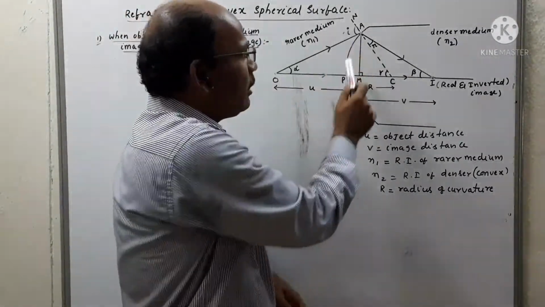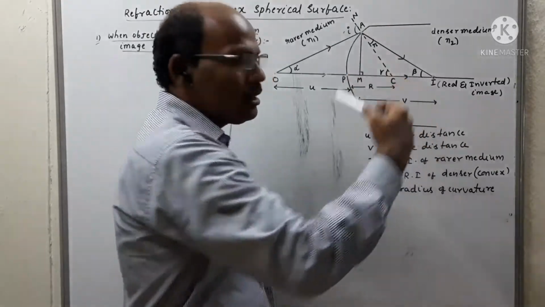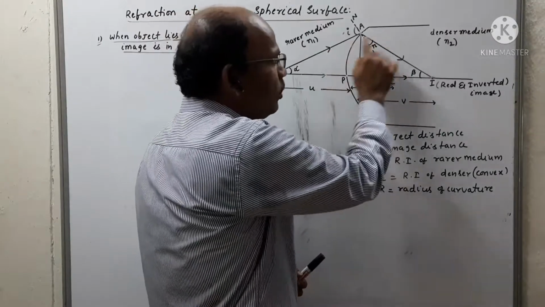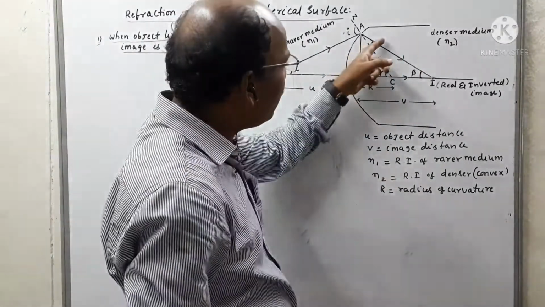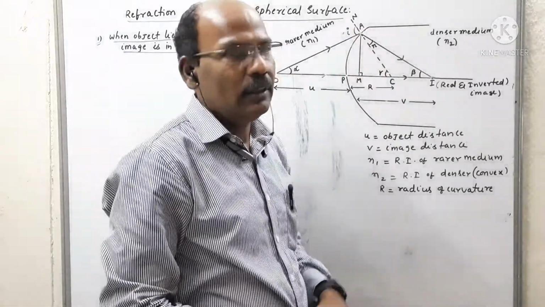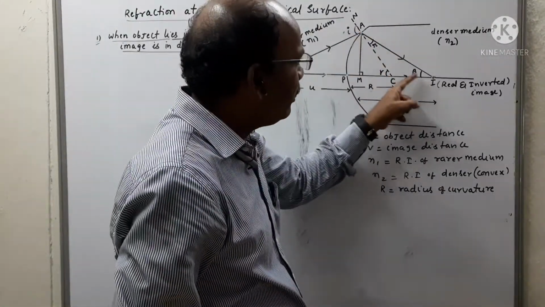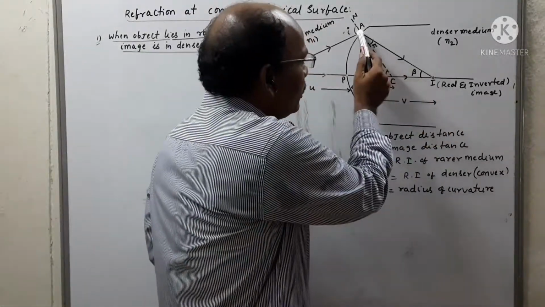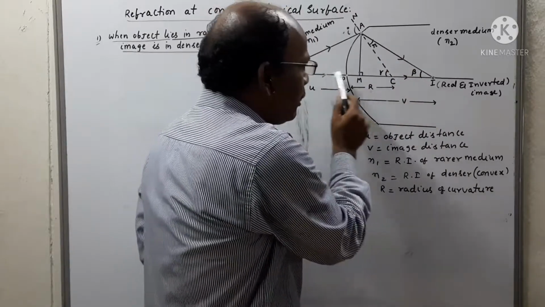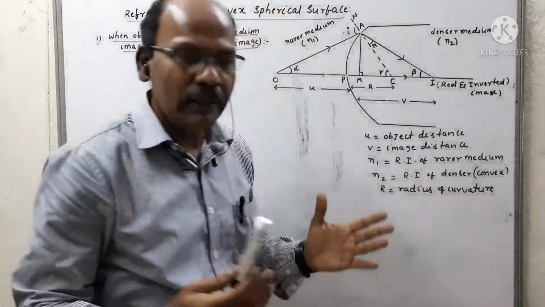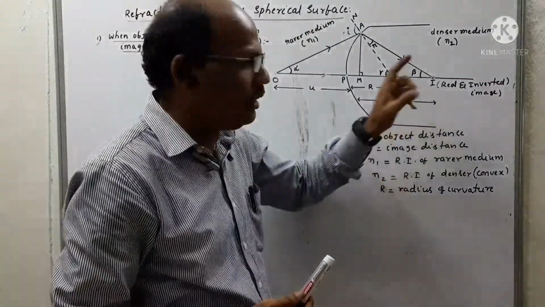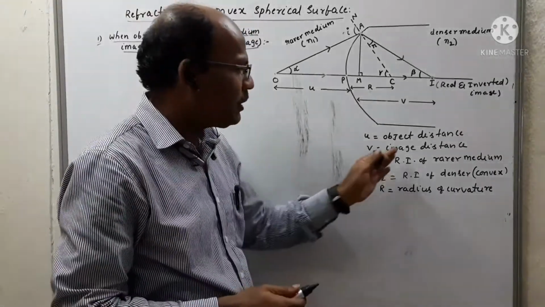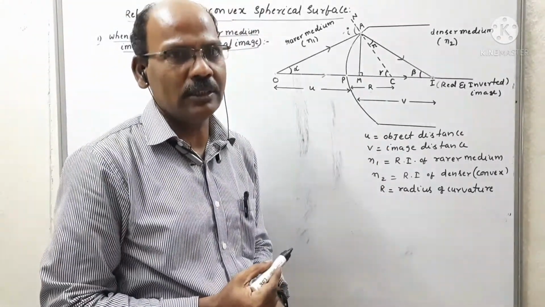Okay, so OA is the incident ray that strikes at point A on the convex refracting surface. When it is moving from rarer to denser, it always bends towards the normal. So the refracted ray AI bends towards the normal and strikes at point I. This is one refracted ray and this is the other refracted ray, and the two rays meet at one point and form a real image I. Then observe the representation of object distance and image distance.